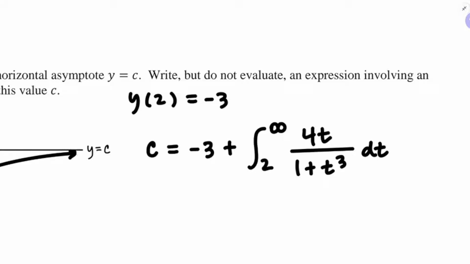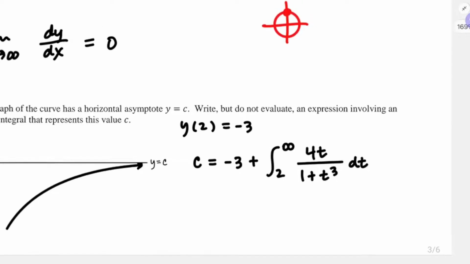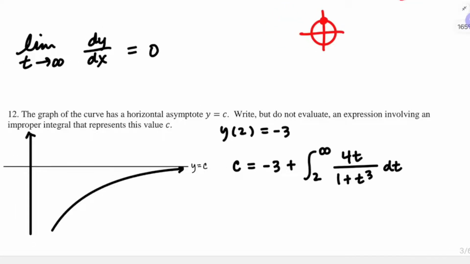Yes, and that's not an integral of the variety that we were expected to solve in this class, so that's where we're going to stop. And don't evaluate. I think it can be solved, but I'm not sure what the substitution would be, but I'm pretty sure it's possible.